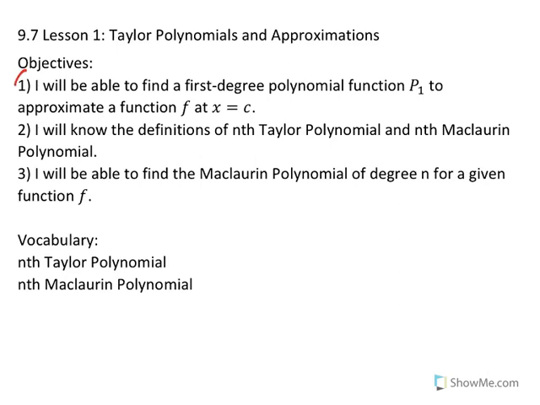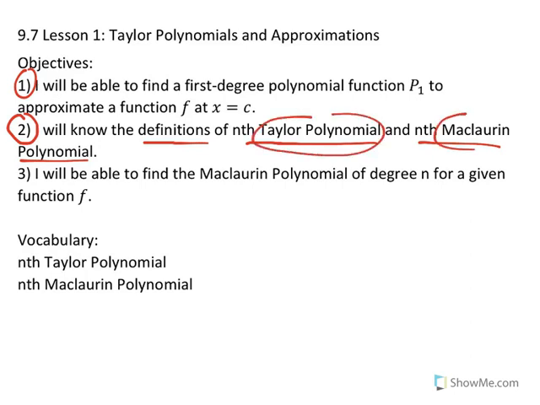We began the lesson today by looking at a specific example where we were trying to approximate the function f of x equals e to the x centered at x equals 0 with various degrees of polynomial functions. And then we extended our work and generalized it, and that led to the definitions of nth degree Taylor polynomial and nth degree Maclaurin polynomial for a function f centered at x equals c for a Taylor polynomial and x equals 0 for a Maclaurin polynomial.